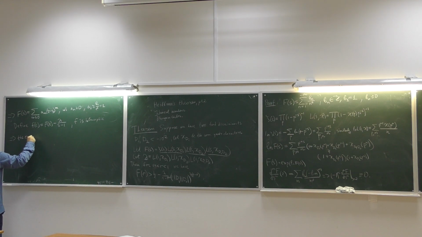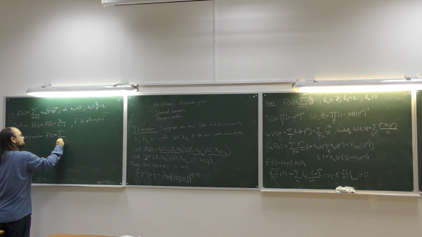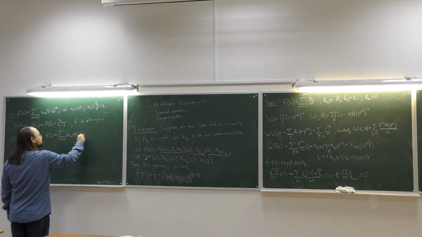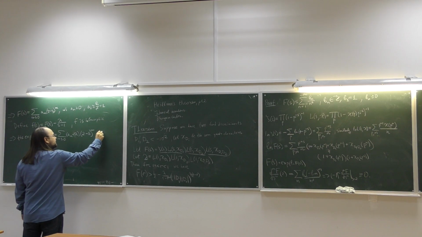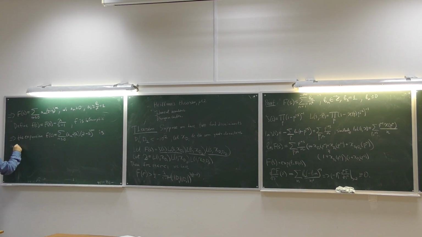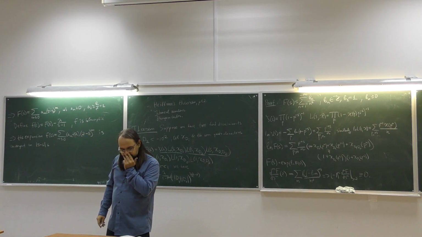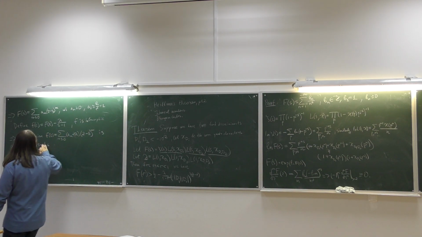The expansion f of s is equal to the sum over all m greater than or equal to 0 of am minus lambda times 2 minus s to the m is convergent inside the disk, s minus 2 less than or equal to 1.5.